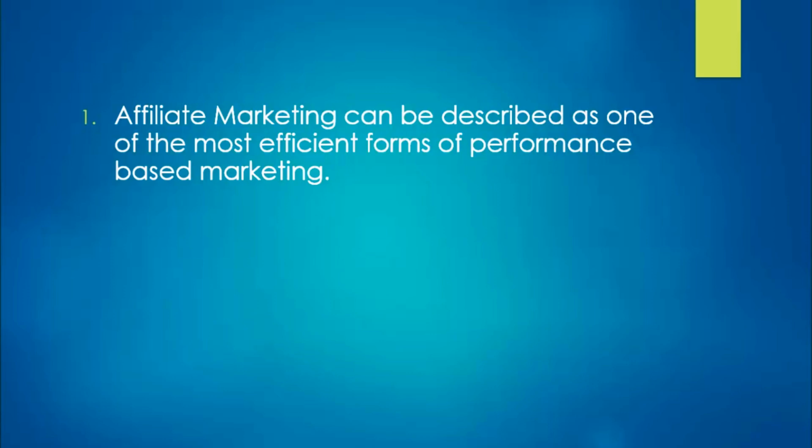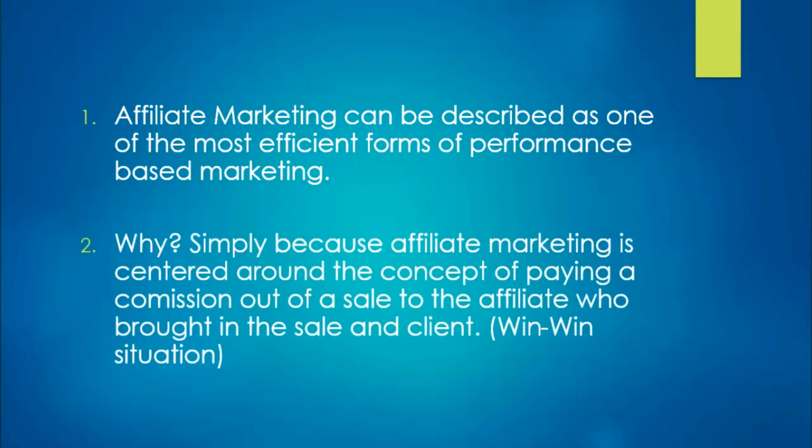The contrast between affiliate marketing and traditional marketing is that affiliate marketing is based on performance. That means that you don't just waste money on advertising and not know what to expect. With affiliate marketing you get actual results. So it's a performance-based type of marketing, the best there is in our opinion.